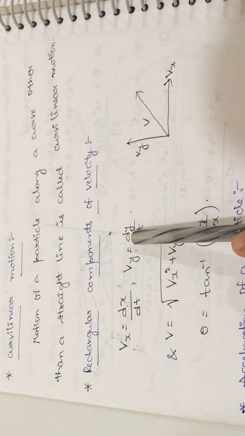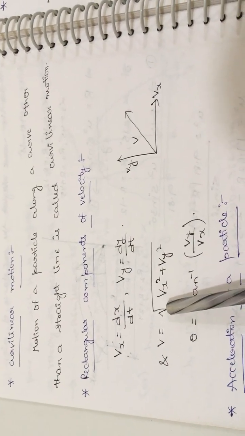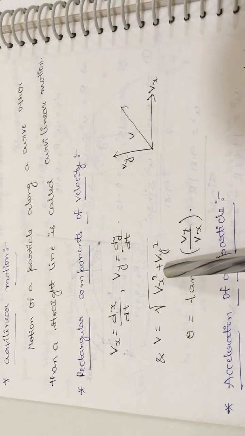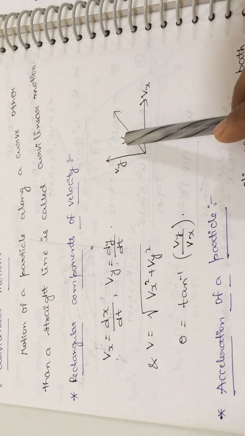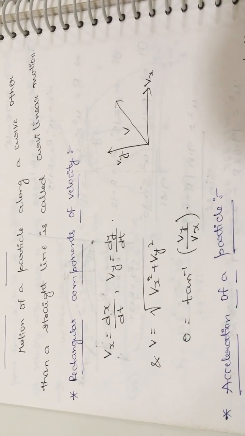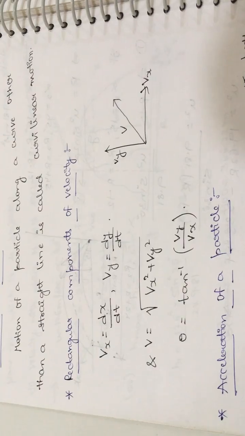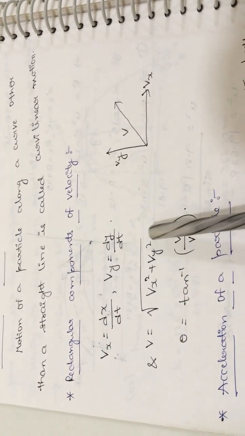From these two rectangular components, we can get the total value of the velocity by square root of Vx square plus Vy square, and the direction is the theta value of that velocity with respect to the x-axis. That value is given by tan inverse of Vy by Vx. So these are the two rectangular component formulas of the velocity, and to calculate the total velocity we can use this formula in the problems.